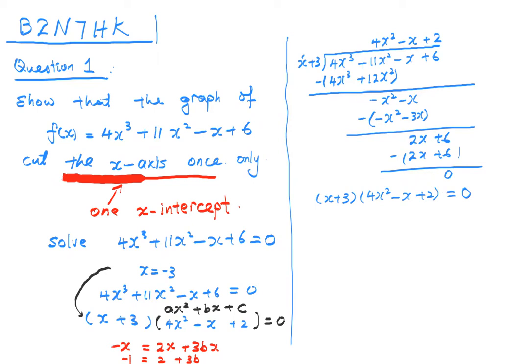Then the last method I taught you yesterday is synthetic division, which is the short form of long division. So I write down the coefficient of x cubed, coefficient of x squared, coefficient of x, and the constant.